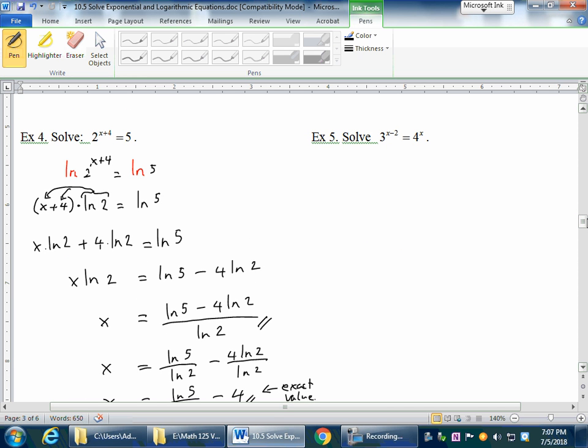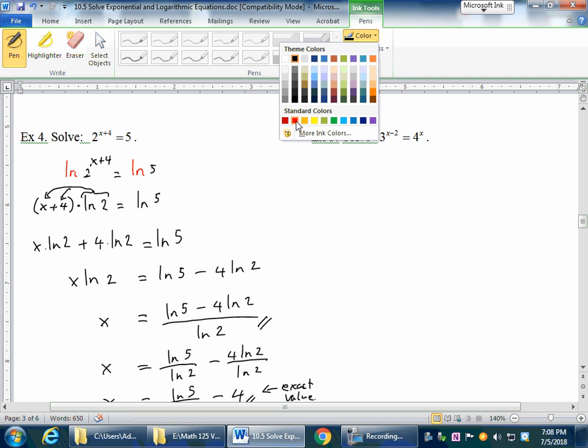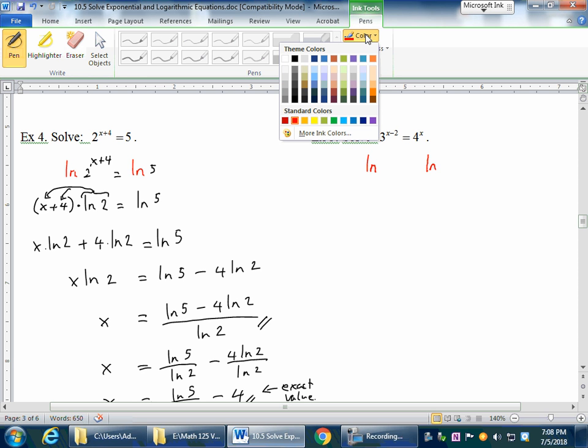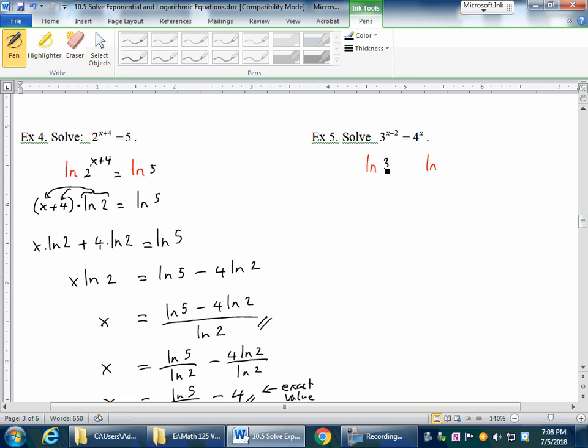So similarly, I cannot rewrite into the same base. So the next step that I'm going to do is checking for an exponential term alone on each side. So I can take ln, so take the logarithm on both sides. So ln of 3 to the x minus 2 equal to ln of 4 to the x power.